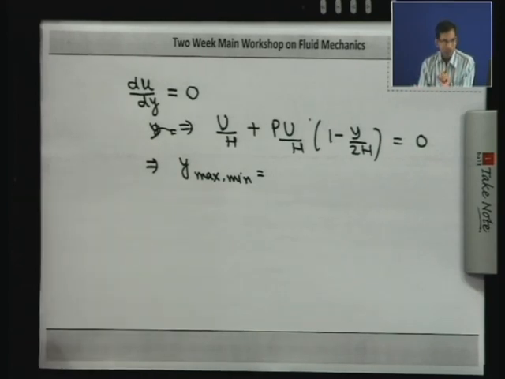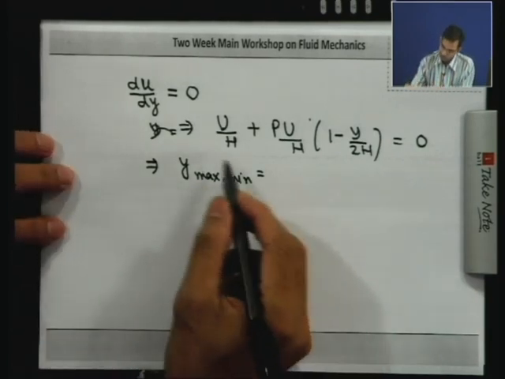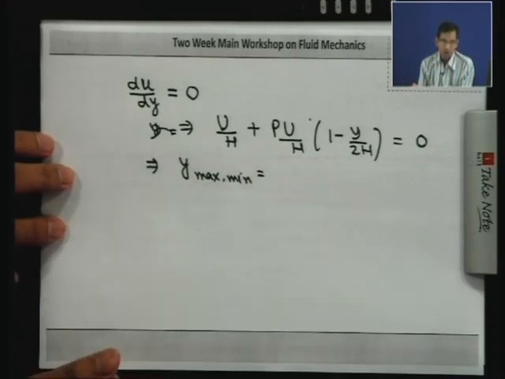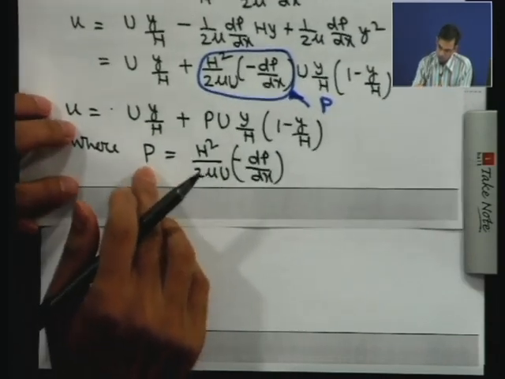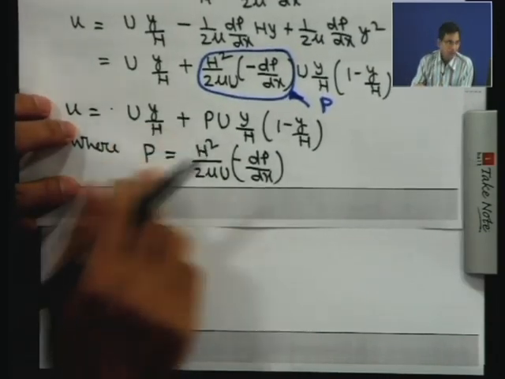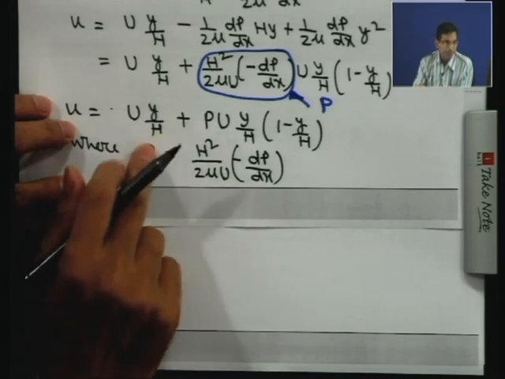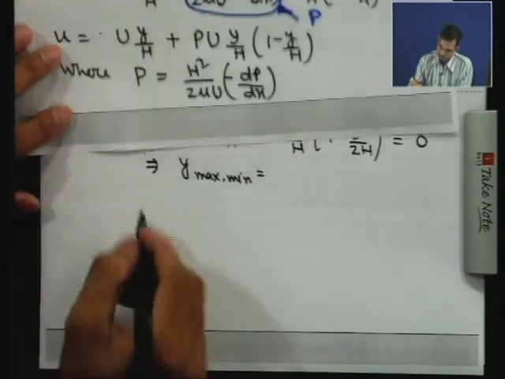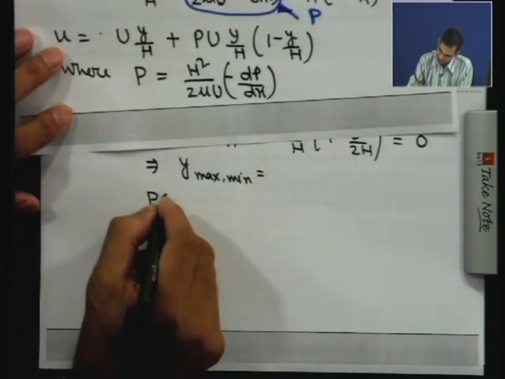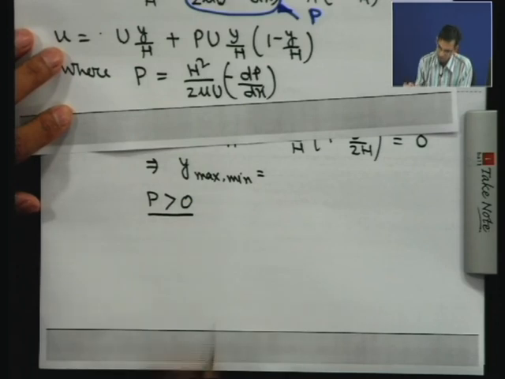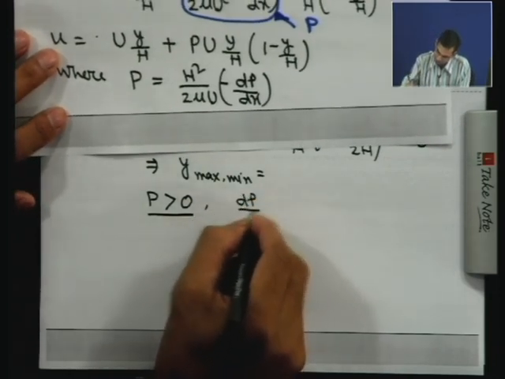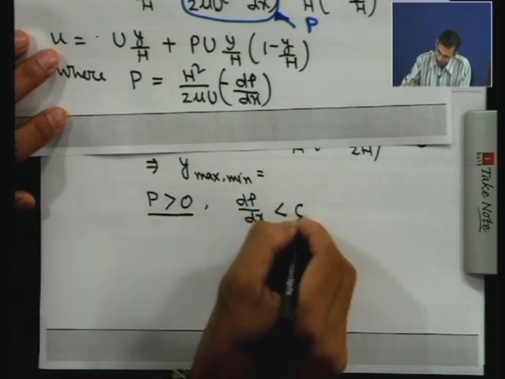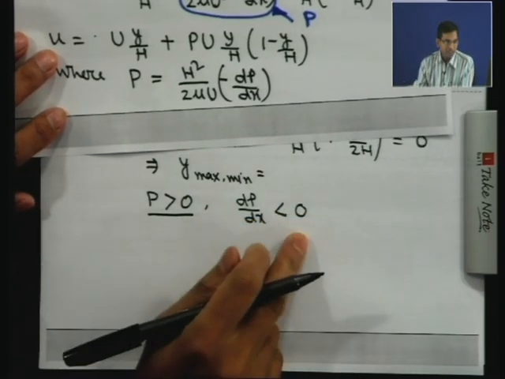So, now the question comes, how to check whether the velocity is maximum or minimum. For that, you have to carefully look at the non-dimensional parameter P. So, first consider two different cases separately. The first one is P greater than 0, which means dP/dx is less than 0, that means a favorable pressure gradient.